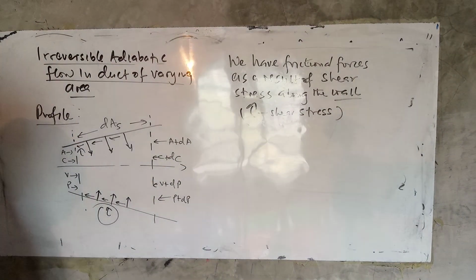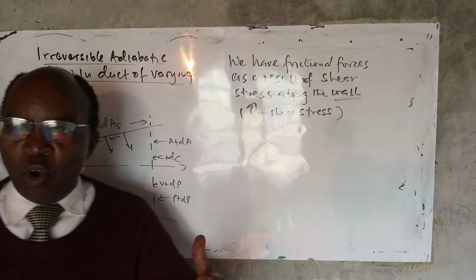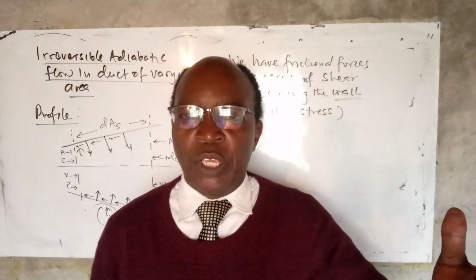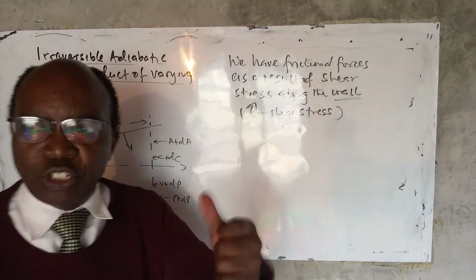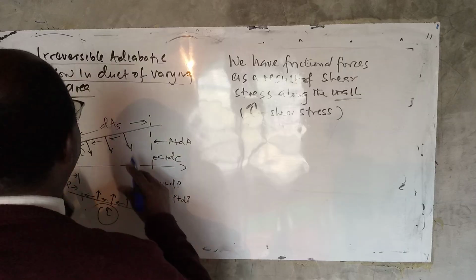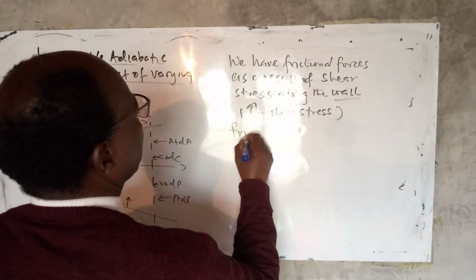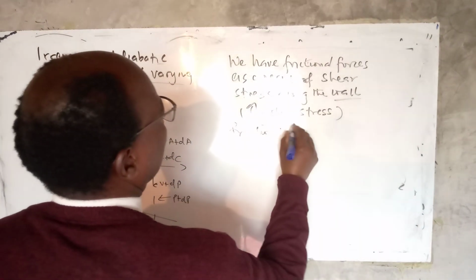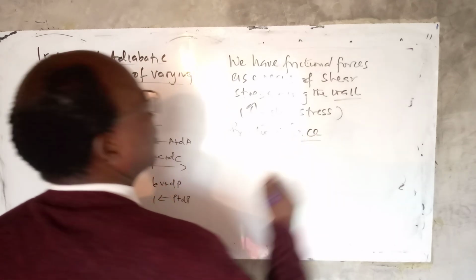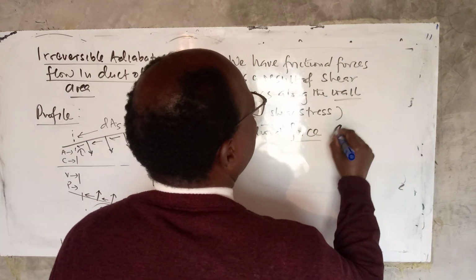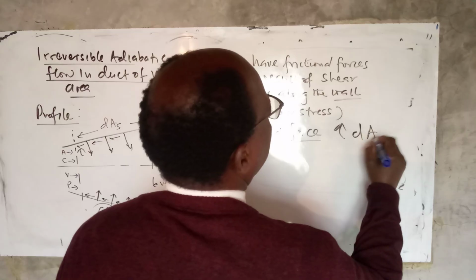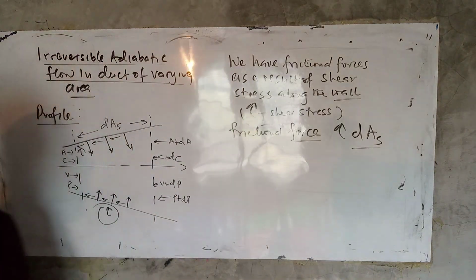Very, very important for us to note that. And so what does that mean? What is the frictional force involved? So the frictional force in this particular case will be the shear stress times that area there.